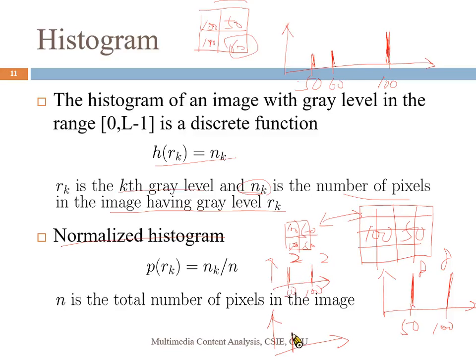So basically 50% of the pixels in this image have intensity value equal to 50, and 50% have intensity value equal to 100. And by normalization, we also have the same distribution like this. So remember, when you try to compare different images, remember to normalize your histogram.